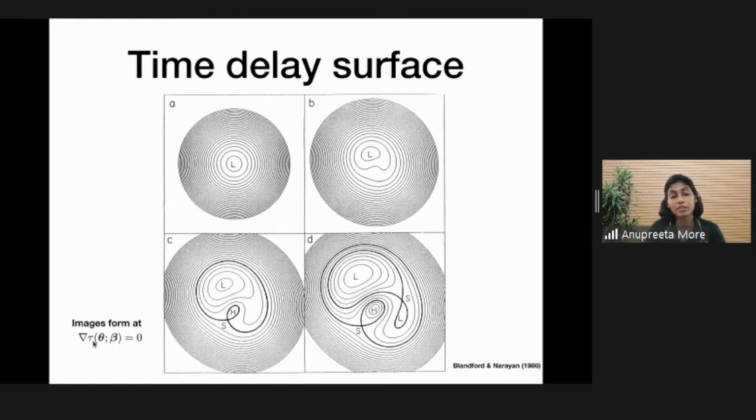The gradient of this equation goes to 0 at the stationary points, and that's where the strongly lensed images are formed. And again, these are the 3 types of images I mentioned earlier, type 1, type 2, type 3, which are the minima, the saddle point and the maximum.